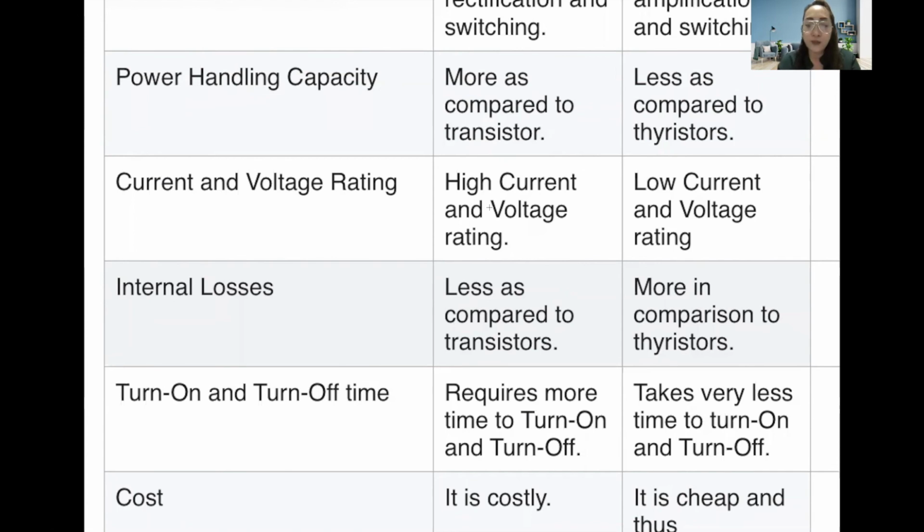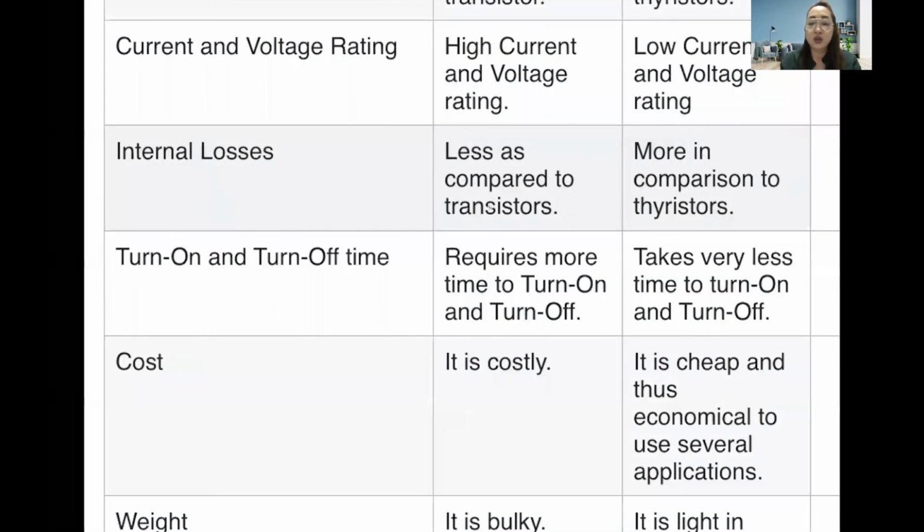Turn on and turn off time. Transistors take very little time to turn on and turn off, while thyristors require more time to turn on and turn off. Usually, thyristors need another device or component to trigger the turn on and the turn off. Cost.